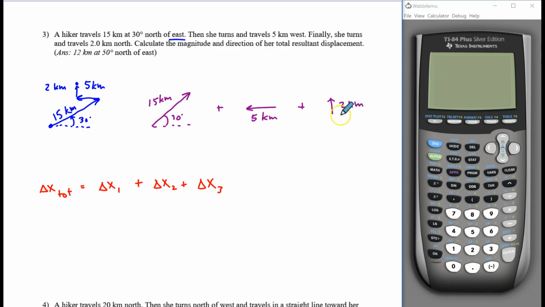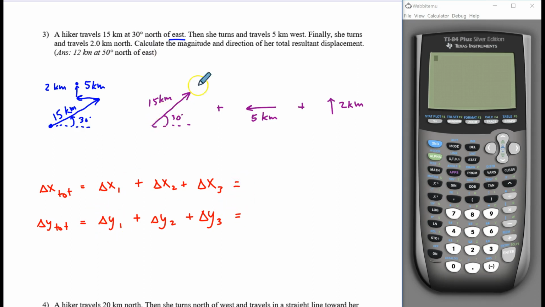Well, there is no x displacement when you go north, so this will just be 0. Then we'll do the exact same thing for the y-axis. We'll look at each of those 3 displacements, figure out how much on the y-axis she traveled. All right, let's get started.